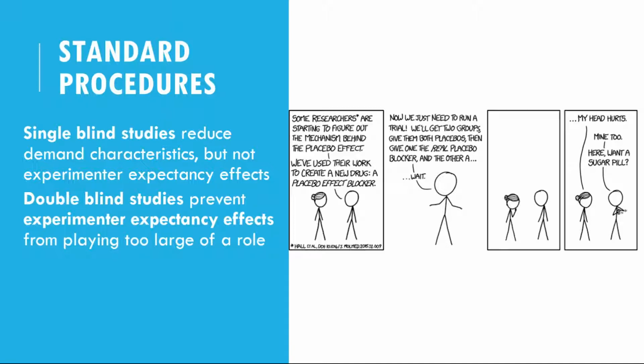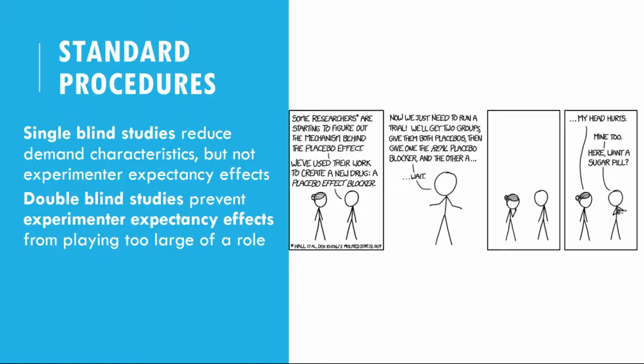Another good practice is to arrange for the experimenters to be blind to the research question or to the condition in which each participant is tested. The idea is to minimize experimenter expectancy effects by minimizing the experimenter's expectations.